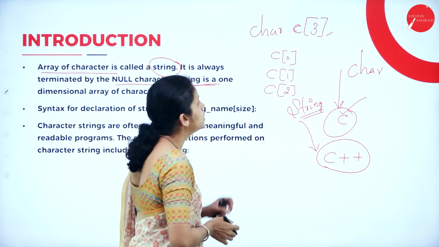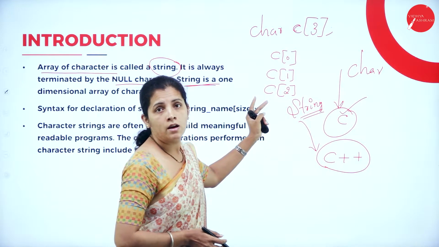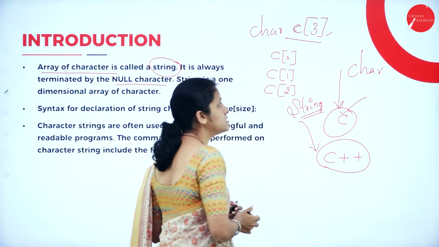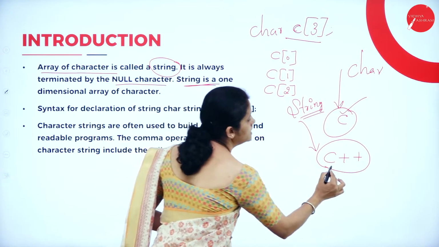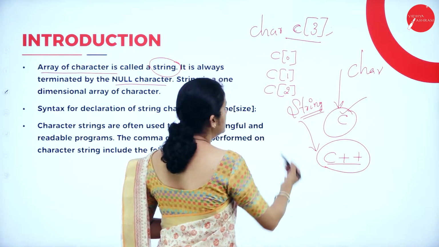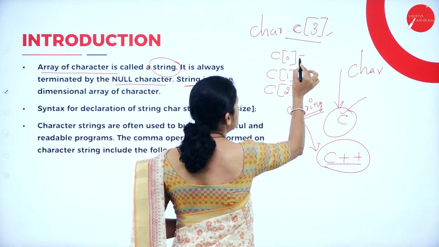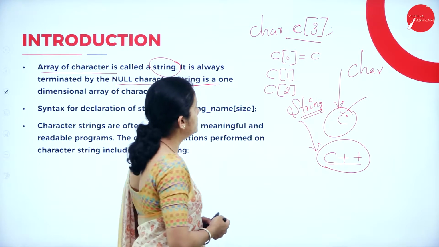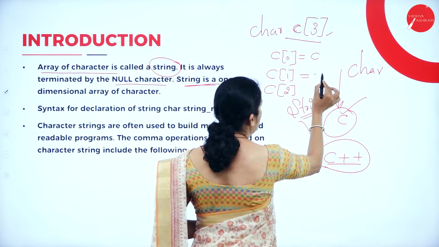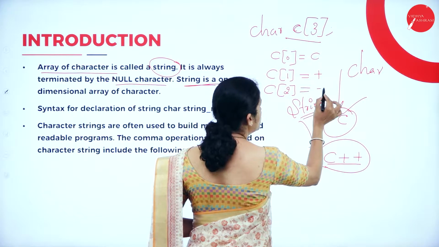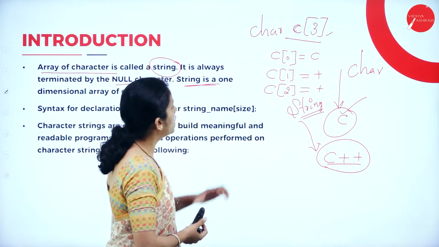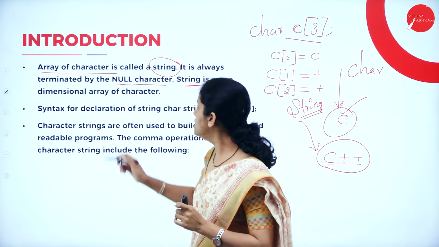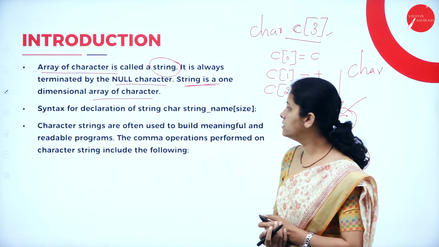Now, a total of 3 bytes of memory is reserved for this C. And if I consider this example C++, at the 0th position I'm going to store C, in the next position a plus, and in the next position a plus. So what is this? Here a string is a one-dimensional array of characters.